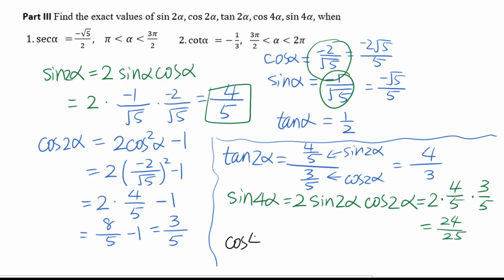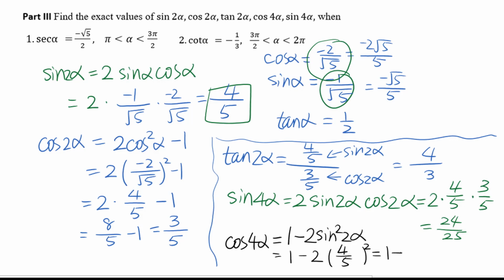Cosine 4 alpha equals. There are 3 formulas for you to choose. I just randomly choose 1 minus 2 sine square 2 alpha. So we plug in, you will get 1 minus 2 times sine square 2 alpha, that is 4 over 5 squared.